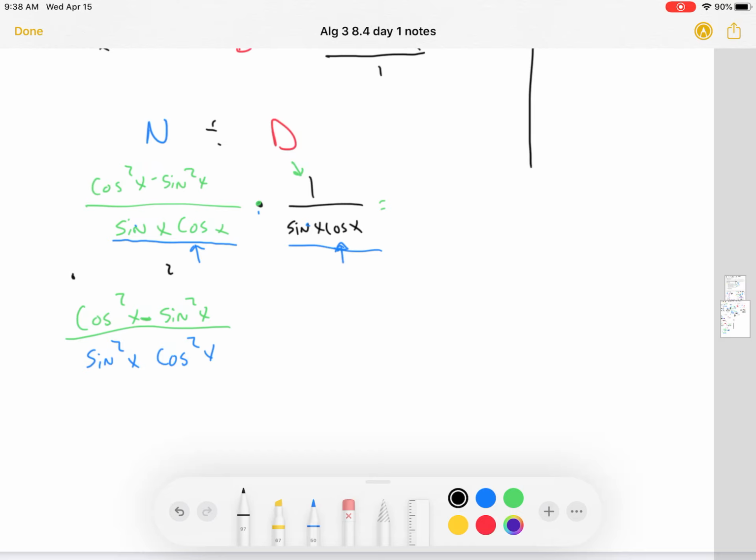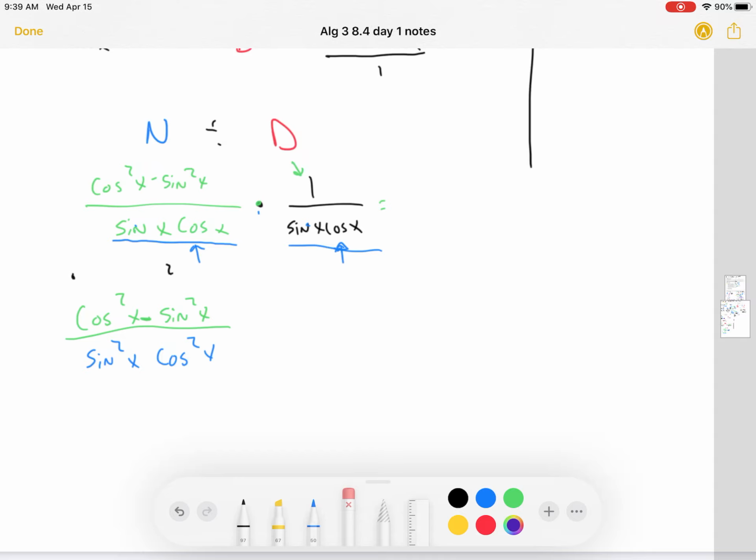We have cosine squared x minus sine squared x. There are 2 terms on top because of the minus sign. The minus sign tells me there are 2 terms here. On bottom, I don't have a minus sign. This whole thing on bottom that I'm about to underline in the yellow highlighter is all one term because there is no plus or minus sign in between.